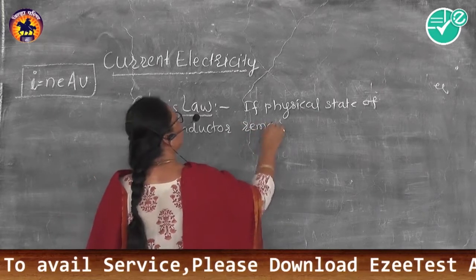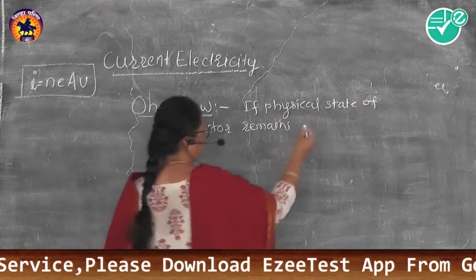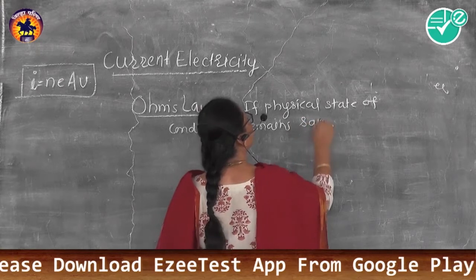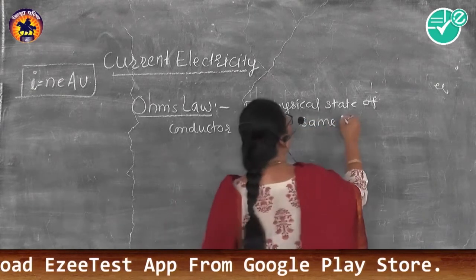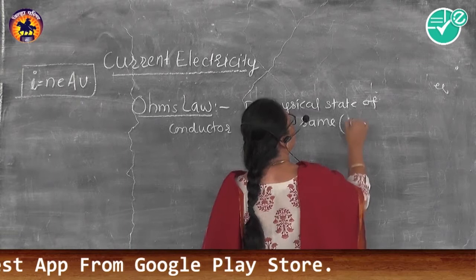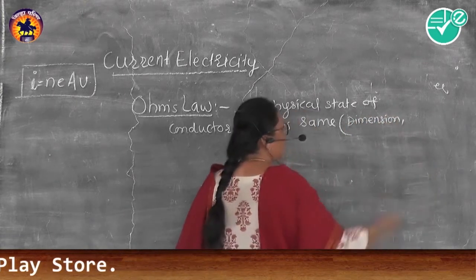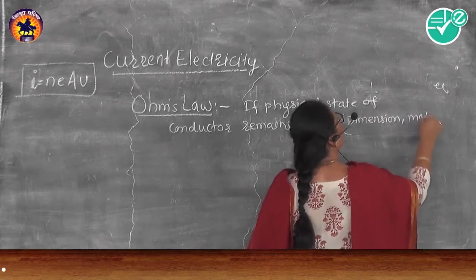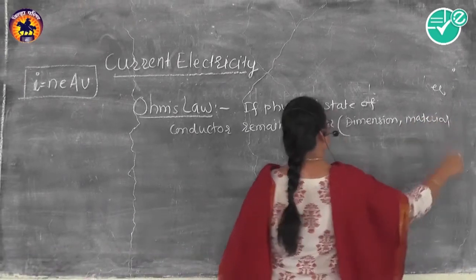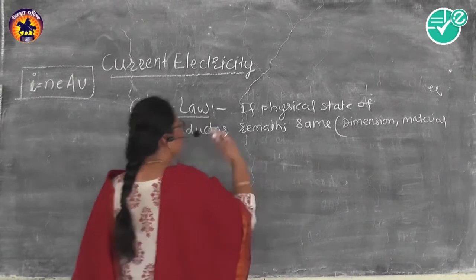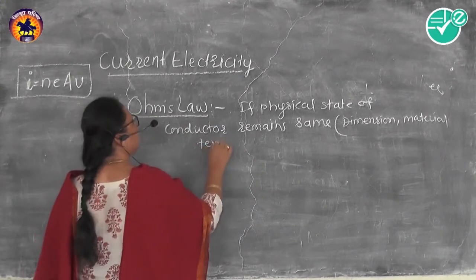remains the same, here physical state means its dimensions, its material or nature of material, and third one, which is very important, that is temperature.